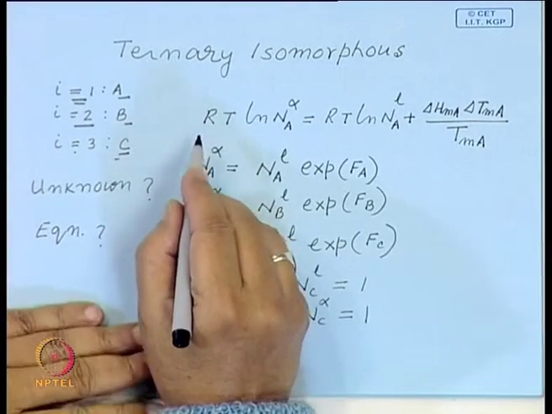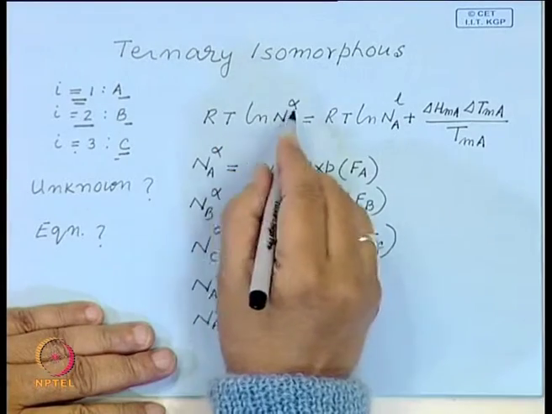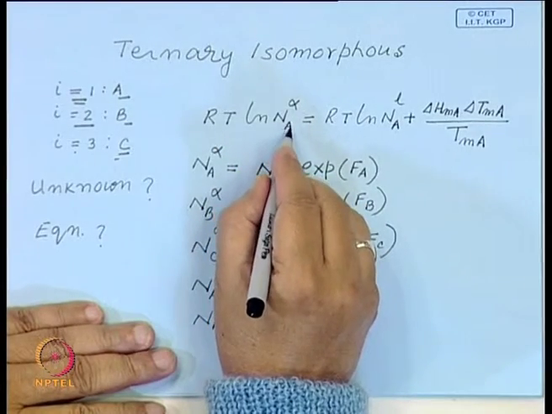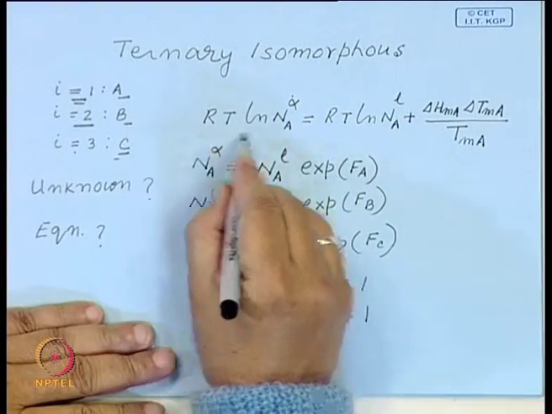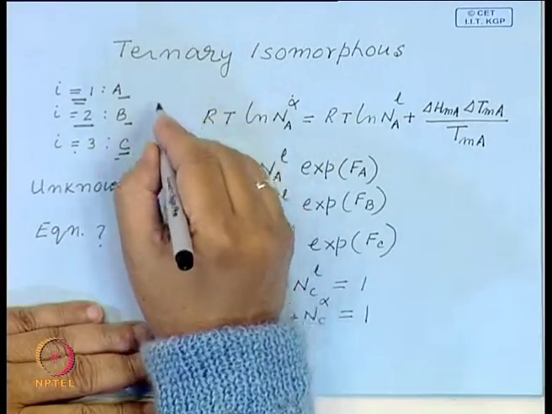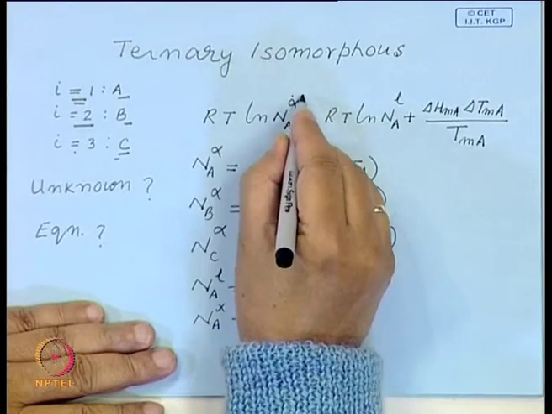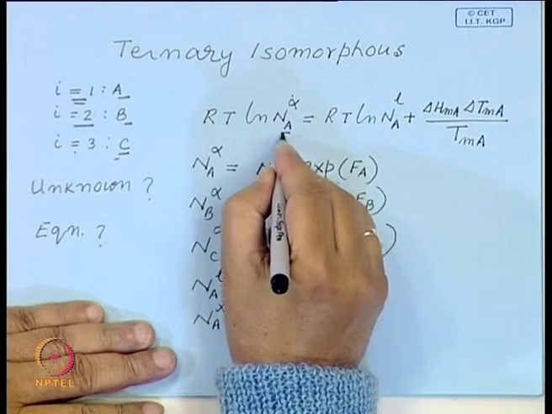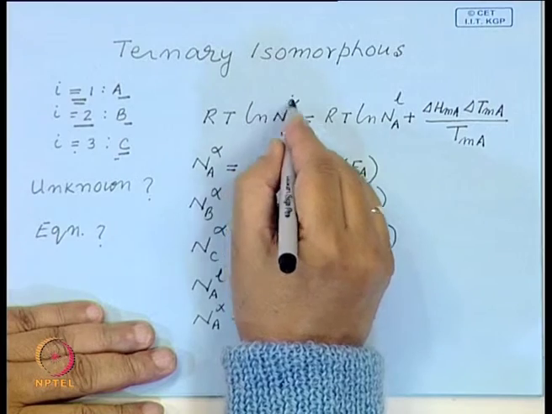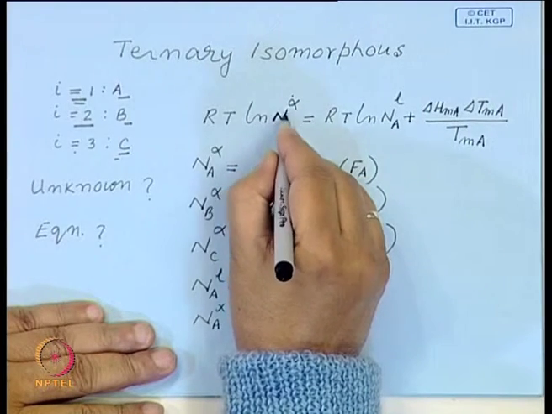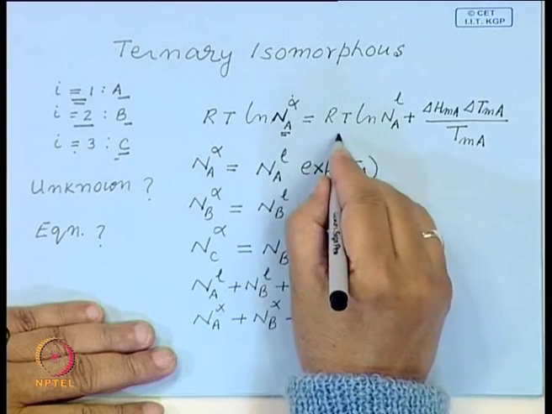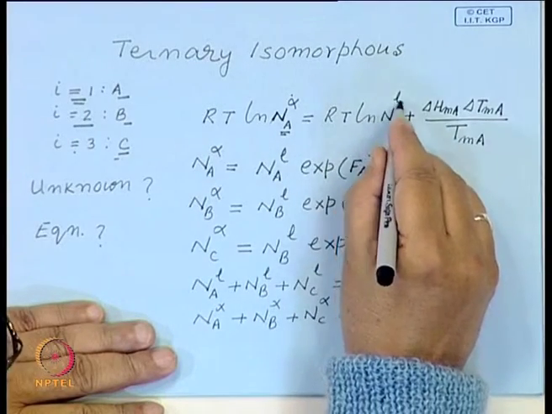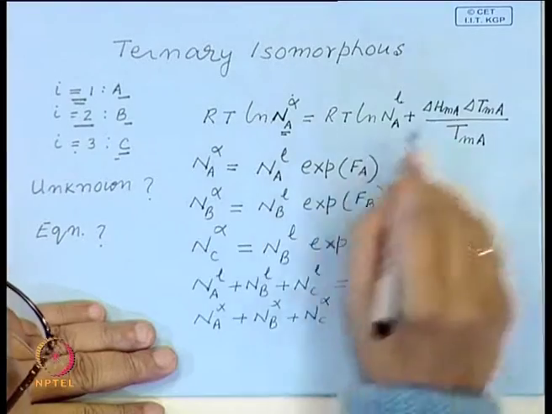If you look back at your lecture, if you equilibrate the chemical potential of A in solid and liquid, it is possible to write down, that is the equilibrium, the chemical potential of A in solid, that is alpha. N A is the atom fraction of A in alpha, and this is equal to this, where N A L is the atom fraction of A in liquid.